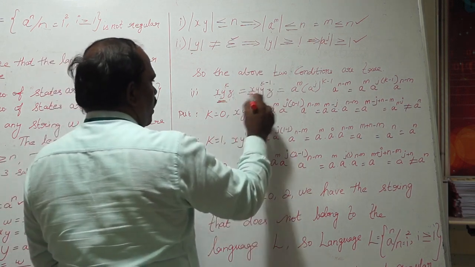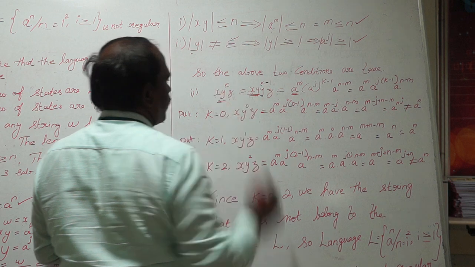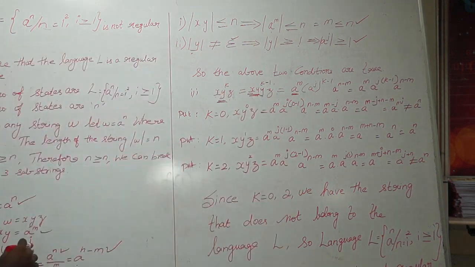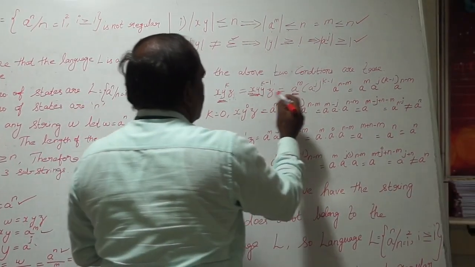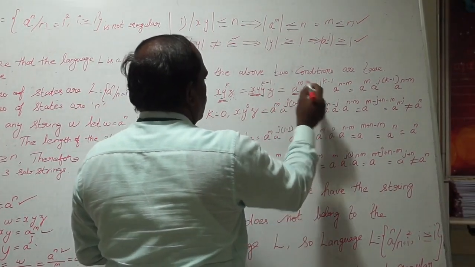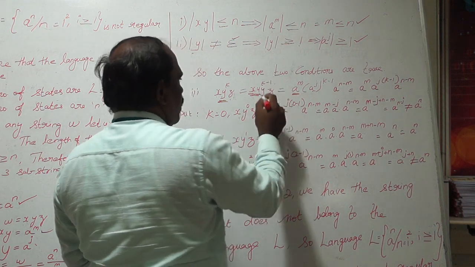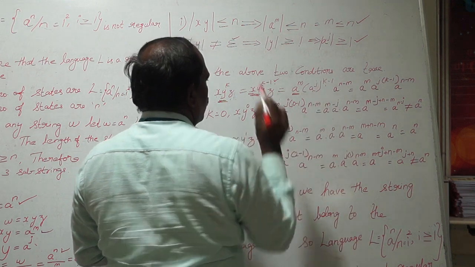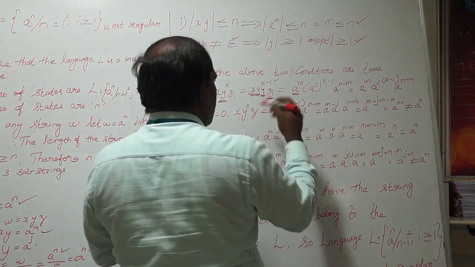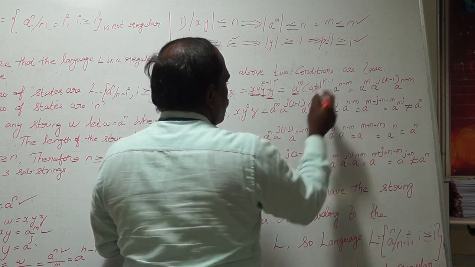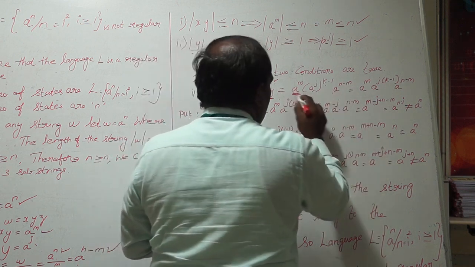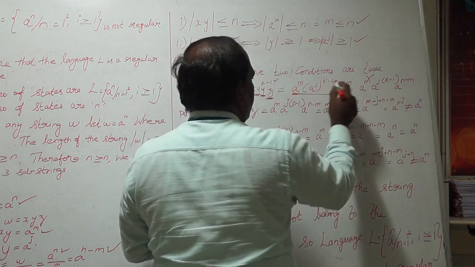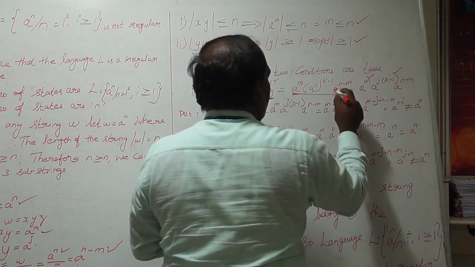Now the length of x is a^m, and the length of y is a^j, which is already given. So y^(k-1) has length a^(j(k-1)). The length of z, as already found, is a^(n-m). Summing these lengths, you get a^m, a^(j(k-1)), followed by a^(n-m).